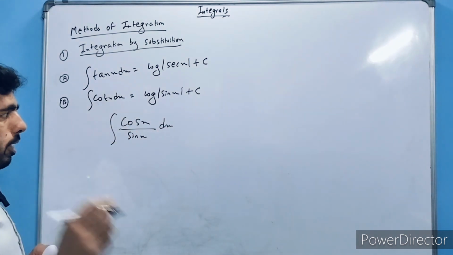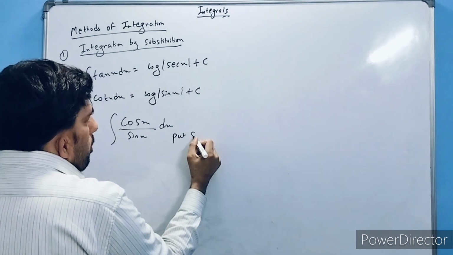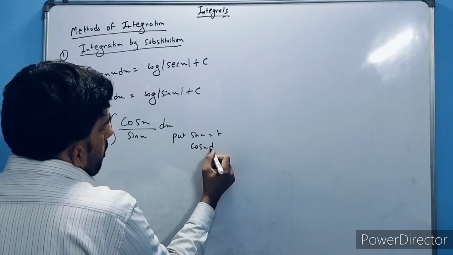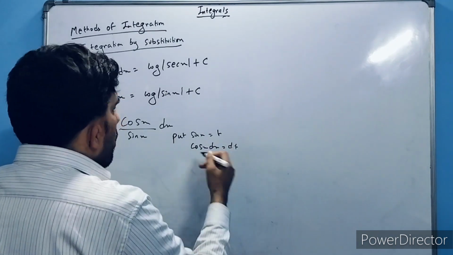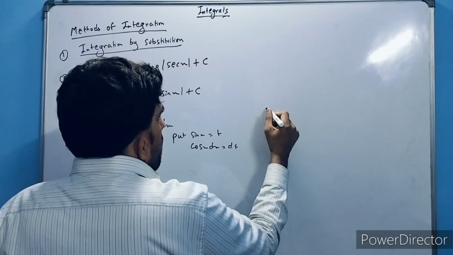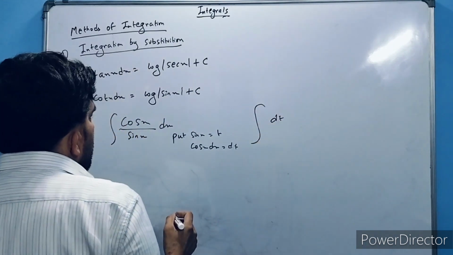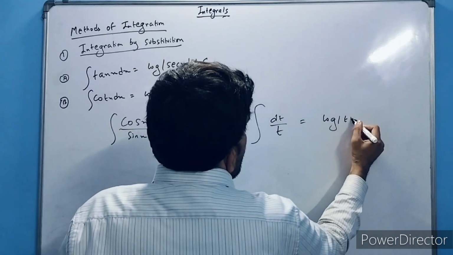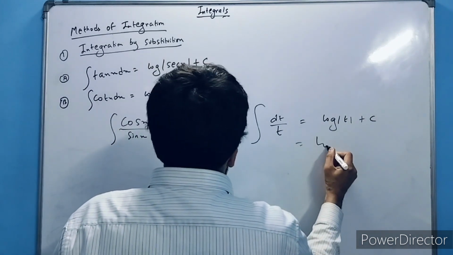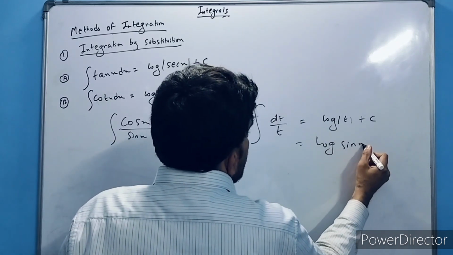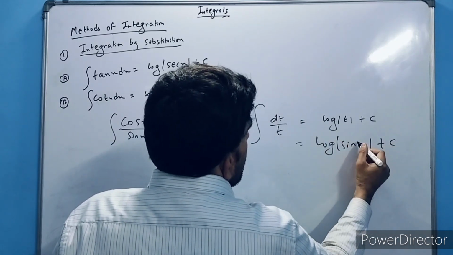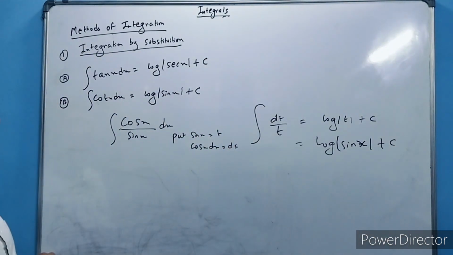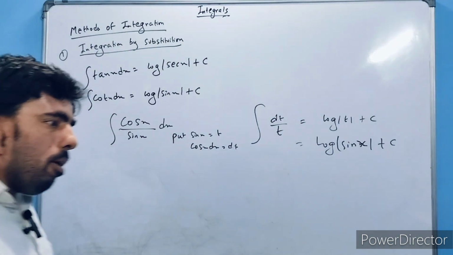How does the substitution work here? Put sin x is equal to t. So we'll get cos x dx is equal to dt. So what I got here is dt upon t, so I will get log t plus c. So what I got here is log sin x plus c. Okay, so that is how we can easily prove such kind of formulas.